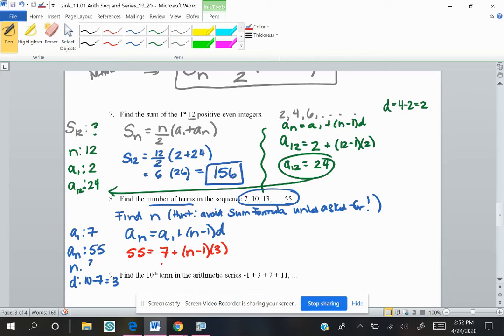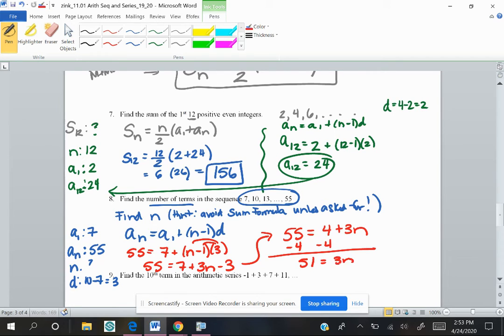So a couple different ways you could go about solving. You could subtract the 7 first if you wanted, or you might think to distribute the 3 first. Either way would be fine. And then if you did that way, maybe now you want to combine your like terms. So get 4 plus 3n, and then subtract your 4 to get 51 equals 3n, divide by 3, and n gives us 17.